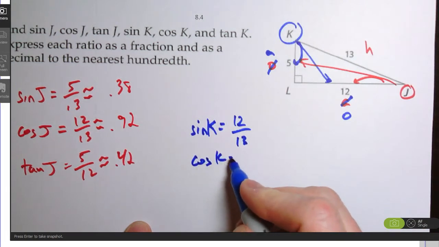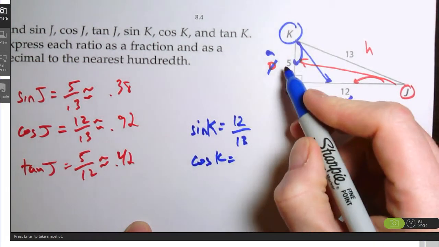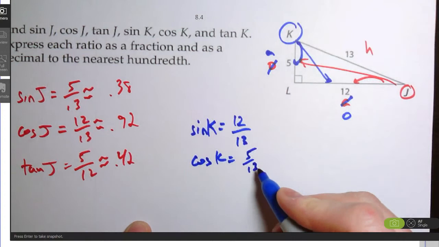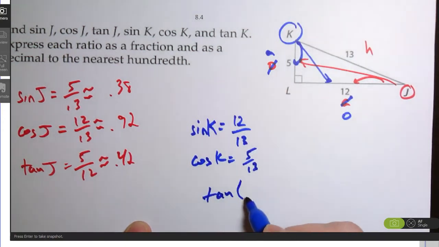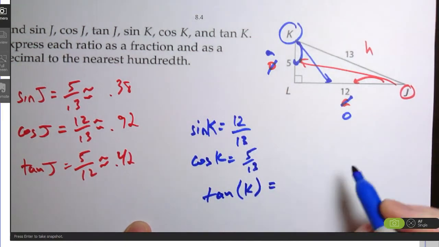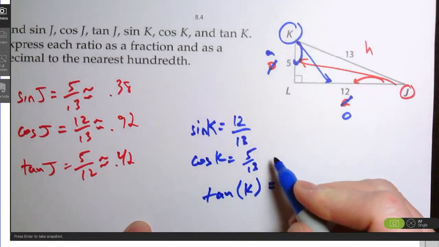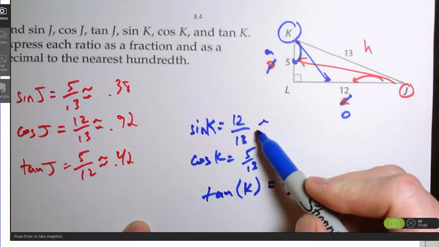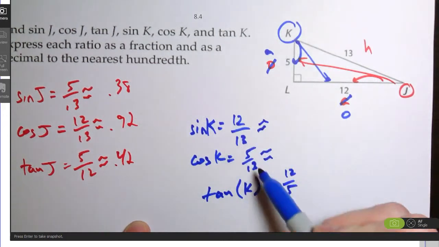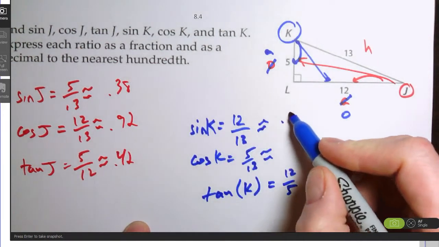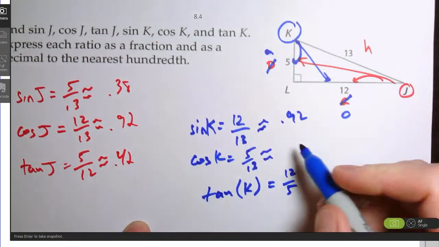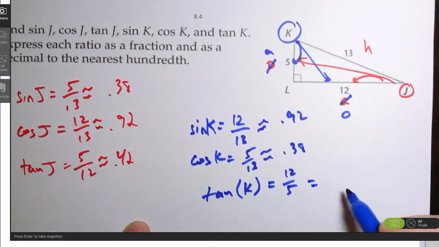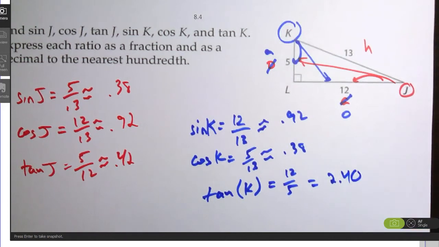The cosine of angle K is adjacent over hypotenuse, so it'll be 5 over 13. And the tangent of angle K will be opposite over adjacent, which is 12 over 5. Now, the nice thing is, I already have 2 of these values. 12 over 13 is 0.92, 5 over 13 is 0.38, and then 12 over 5 is 2.4. It's actually 2.40 to the nearest hundredth, but 2.4 works.